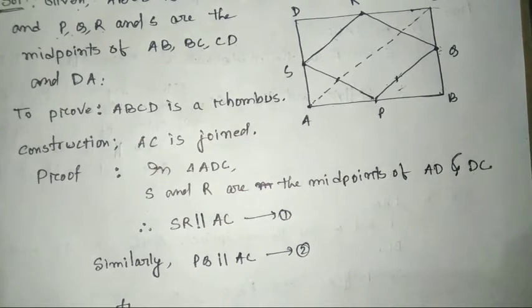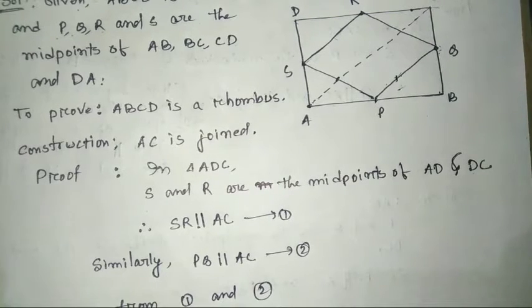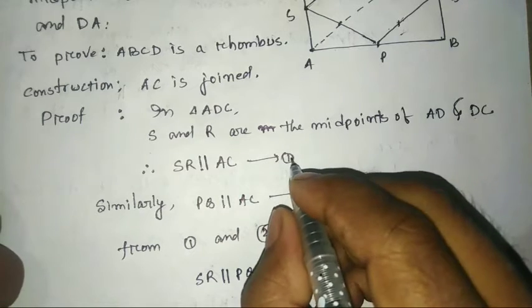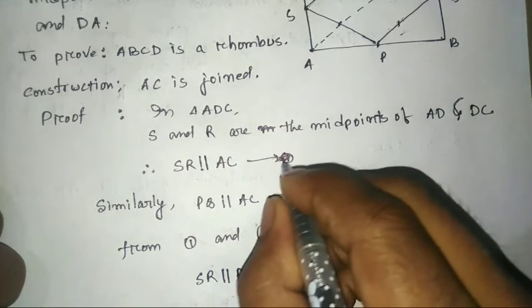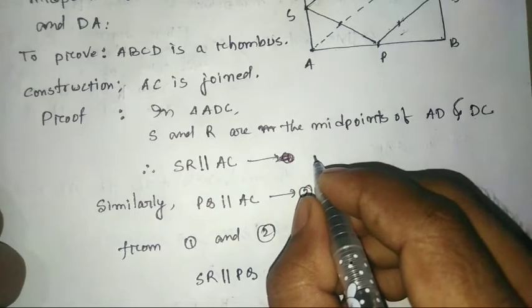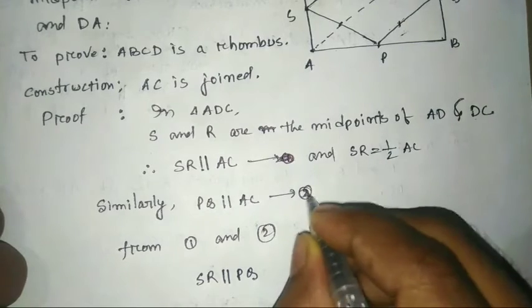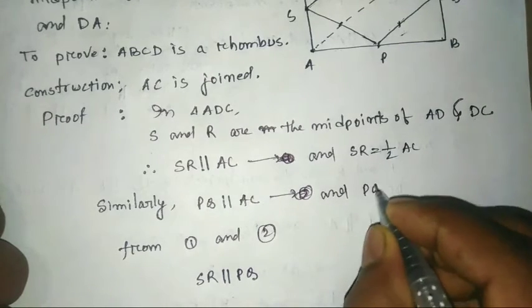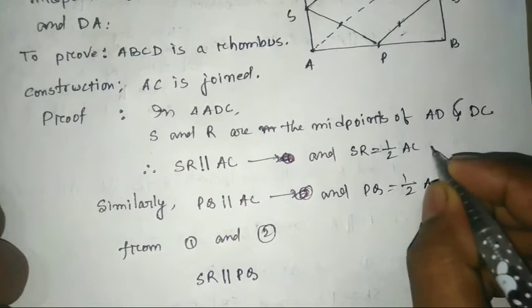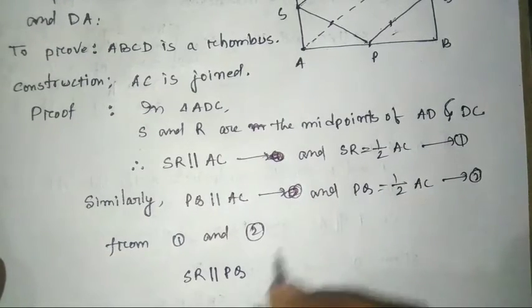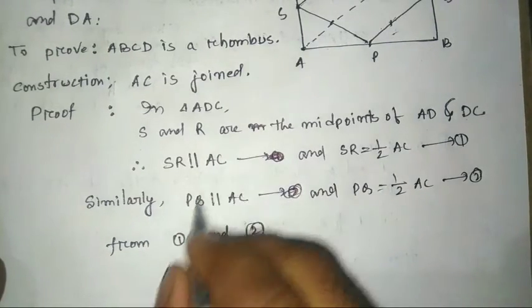From 1 and 2 we can write SR is parallel to PQ, and SR is equal to half of AC and PQ is equal to half of AC. Give this one equation, this two equation. So from 1 and 2 we can write SR is parallel to AC, PQ is parallel to AC.